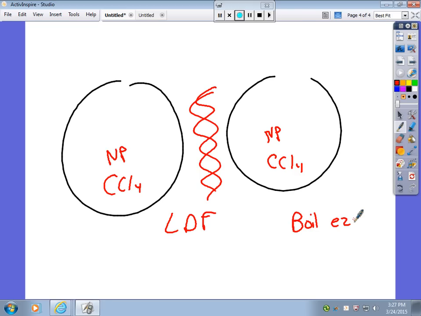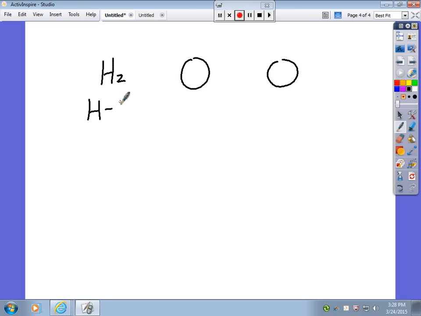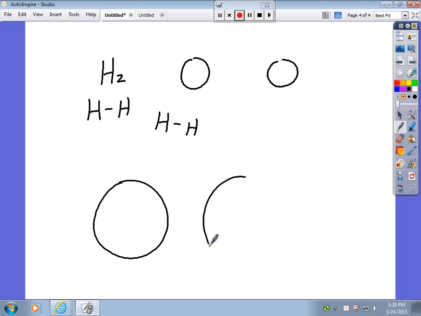Okay? Now, what if I had this situation? What if I had molecules that were small, like a sample of H2, right? That's nonpolar covalent, isn't it? Right? Nonpolar covalent, nonpolar covalent, blob and blob. And then CCl4, I'm not going to redraw it, but let's say this is CCl4.